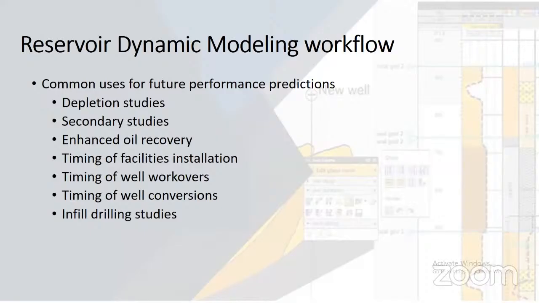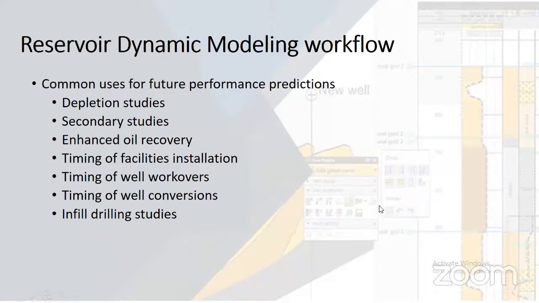Okay. So after achieving the history matching, the next step, which is the main goal of reservoir modeling, is the production prediction and the field development planning. What is the main goal of field development planning?